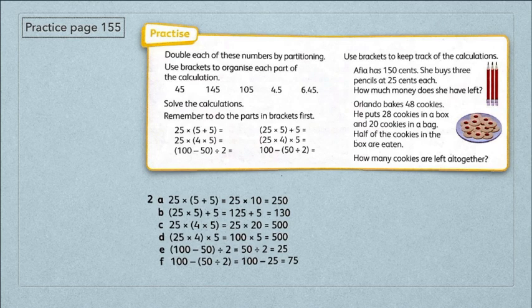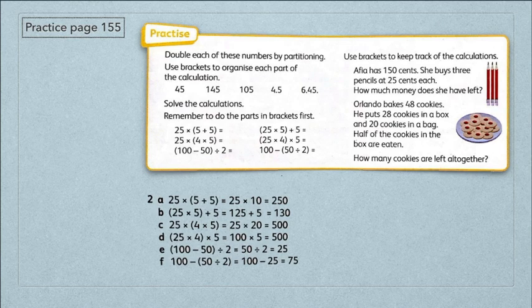In the first part, the bracket was covering the last two digits, and the answer was 250. In the second part, the bracket is covering the first two digits, and the answer is almost half of the previous answer.